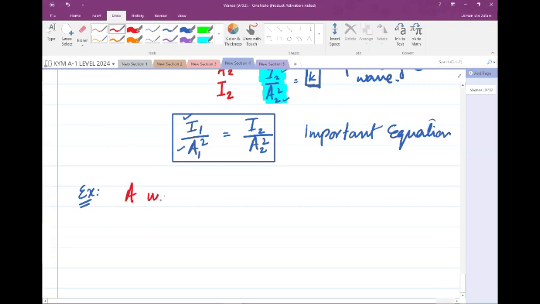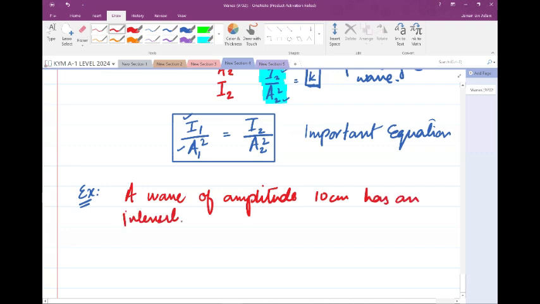A wave of amplitude 10 centimeter has an intensity of 42 watts per meter square.